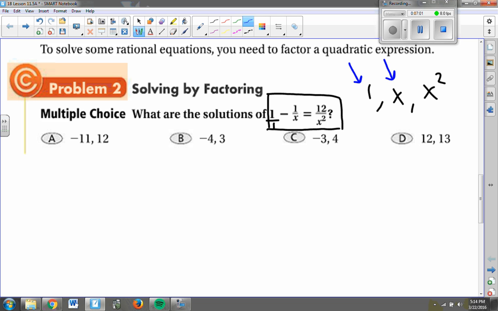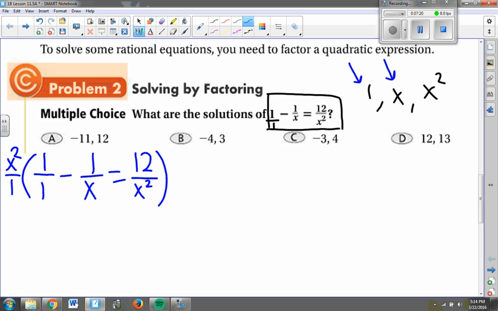No numbers need to be involved because there really aren't any numbers, just ones, which are very nice to work with. So I'm going to multiply this entire equation by x squared over 1. Distribute that to each of these three pieces here. And let's see what I get. I get x squared over 1 won't change anything.